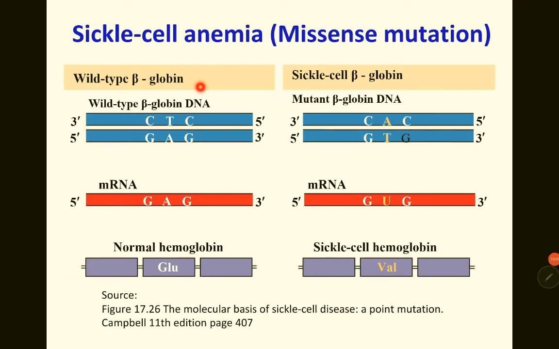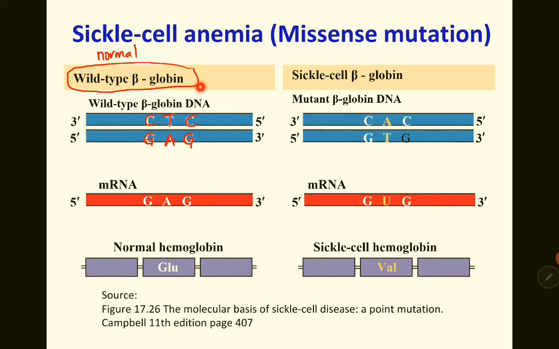Now this wild type beta globin, wild type means normal, without mutation. Initially our DNA, the 3' to 5' is CTC, 5' to 3' is GAG.